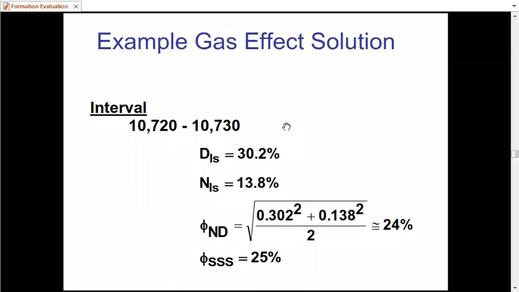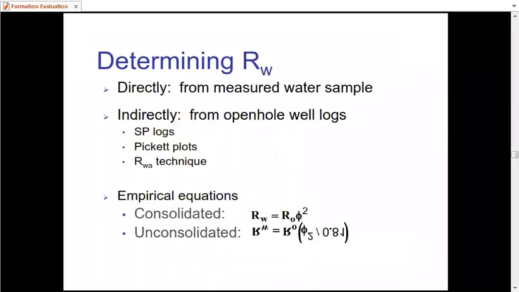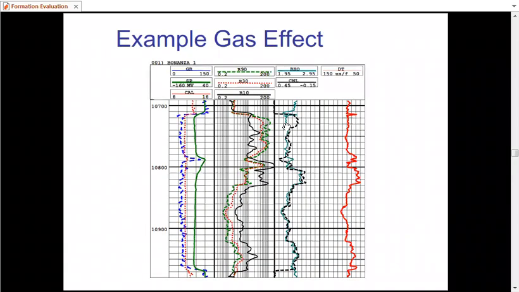In this example, we are dealing with the interval from 10,720 to 10,730 feet. In this area, we see a separation between the two logs, density and neutron, in front of a hydrocarbon or gas-bearing zone.